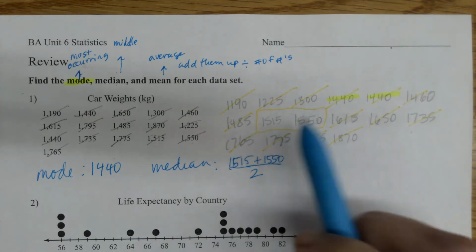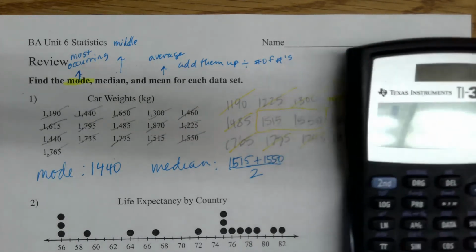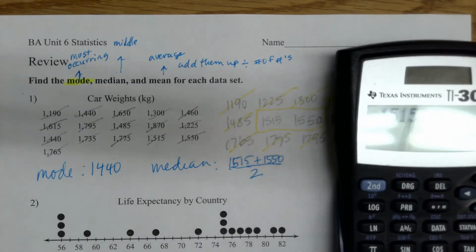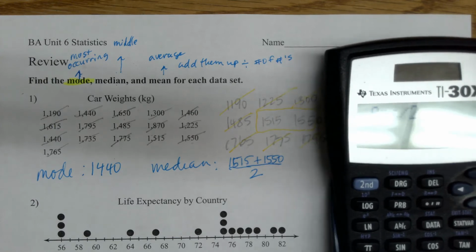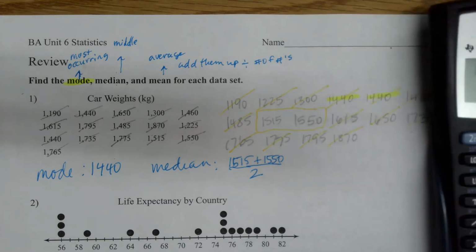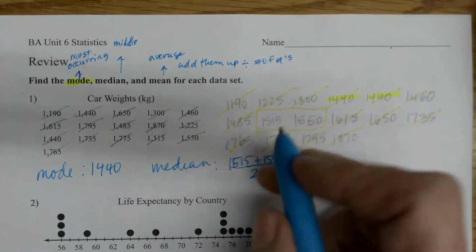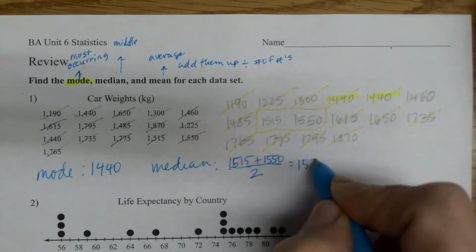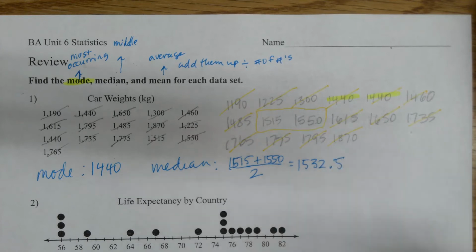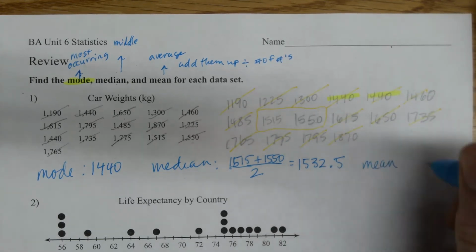But if I end up with 2 middle numbers, I have to add them up, 1,515 plus 1,550, hit equals, and then divide by 2. I'm finding like the average of the 2 middle numbers. So my median would be 1,532.5.